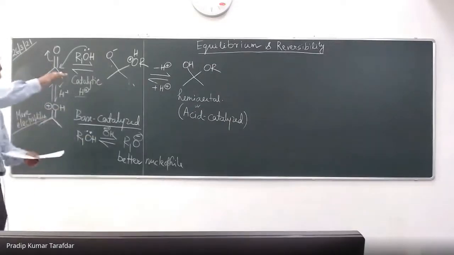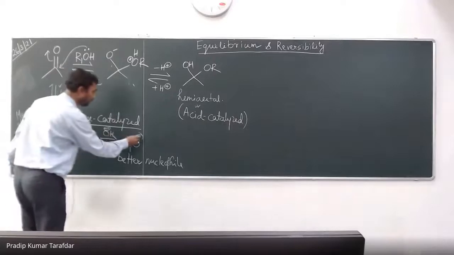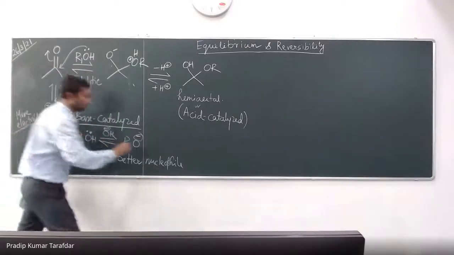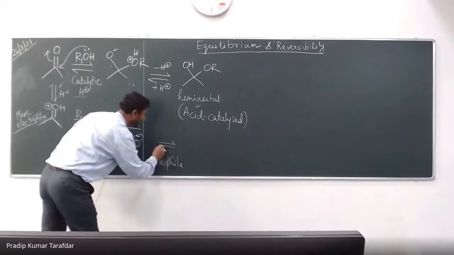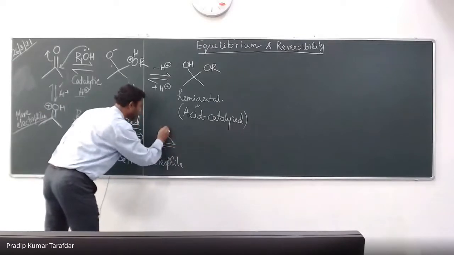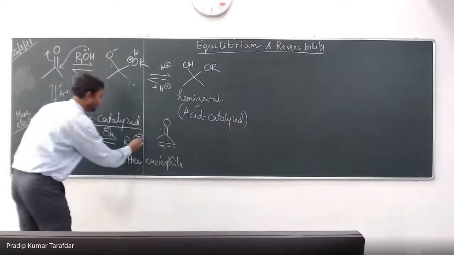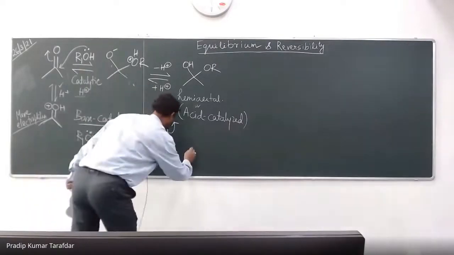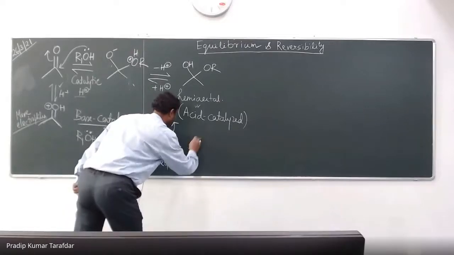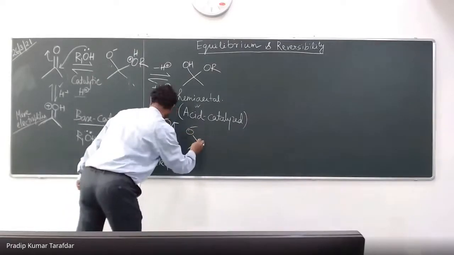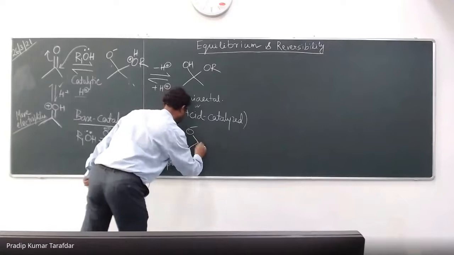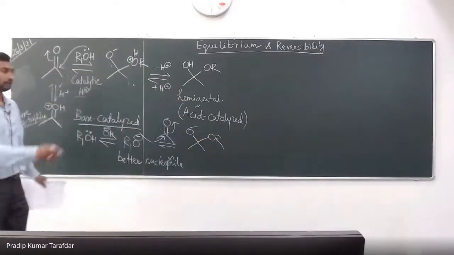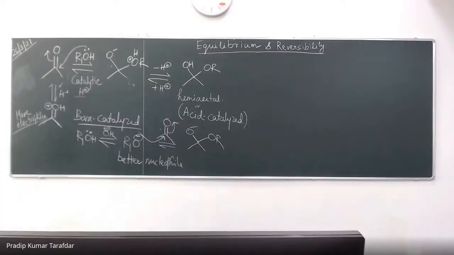Its HOMO energy is higher, so this is more reactive. So this can react directly to this. And obviously it will be in equilibrium. Then protonation will happen and you will get the hemiacetal.